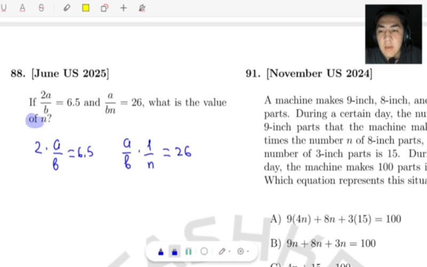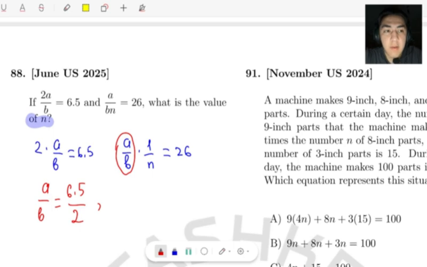You are given a over b, you can find it. So a over b is going to be 6.5 over 2, right? And I'm just going to replace that a over b with my number value. So it's going to be 6.5 over 2 multiplied by 1 over n is 26.